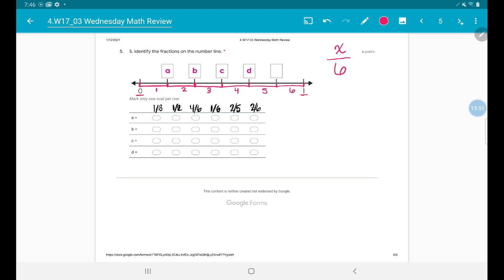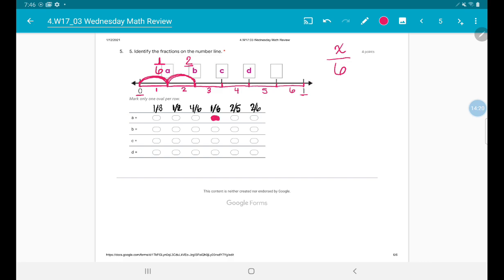I'll write that over there. So from 0 to A is going to be 1/6. So A equals 1/6. To get from A to B, I'll go another 6th size space.